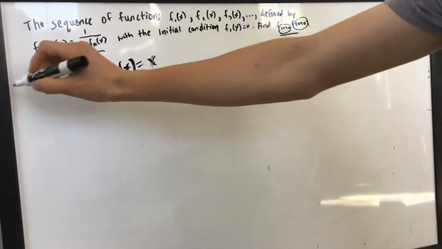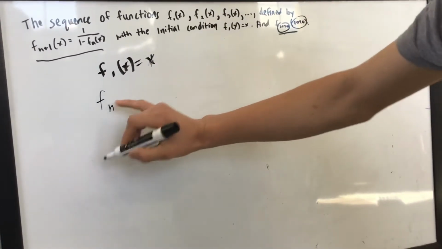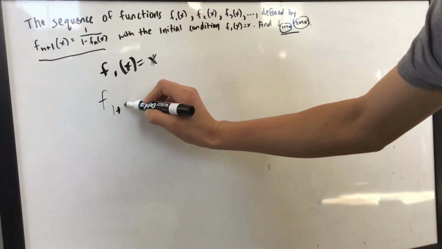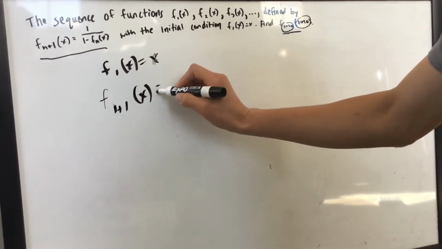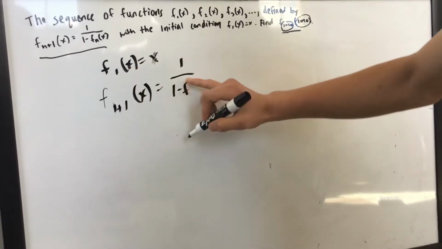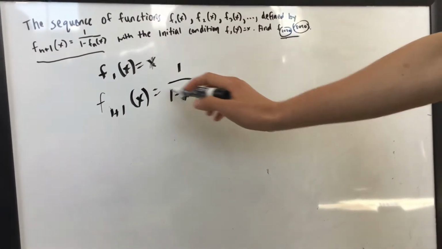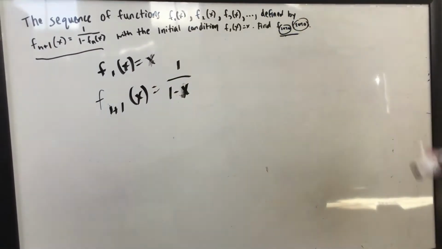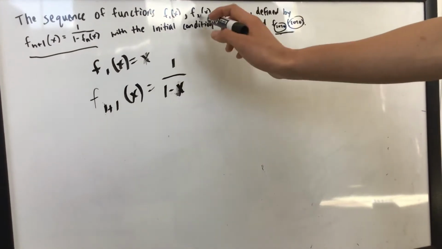Now, if we follow this pattern just to start getting a general idea of what this problem is asking, then f of n, which in this case would be 1, plus 1, because we're trying to find f of 2 of x, equals 1 over 1 minus f1 of x, or you can just write an x, because we're plugging f1 of x in right here, but we're adding a 1 to make sure that we're finding the next function in our sequence, or f2 of x. So this is our f2 of x right here.